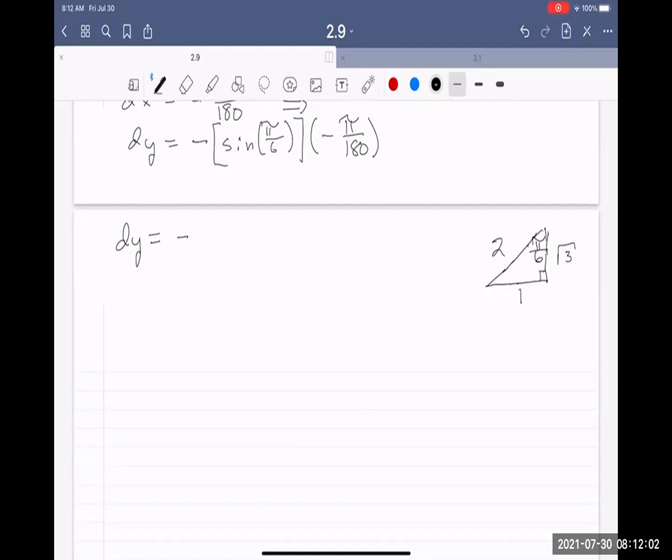Okay, so that's 30, that's a 60. Yeah, that's the smaller one. And so it's 1/2 times the negative pi over 180. So this is equal to, make that a positive, pi over 360.